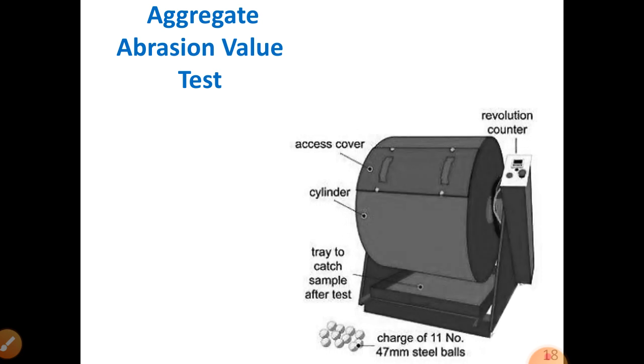The third test on coarse aggregate, abrasion value test. A cylinder or drum used for this test is shown. Steel balls are shown.